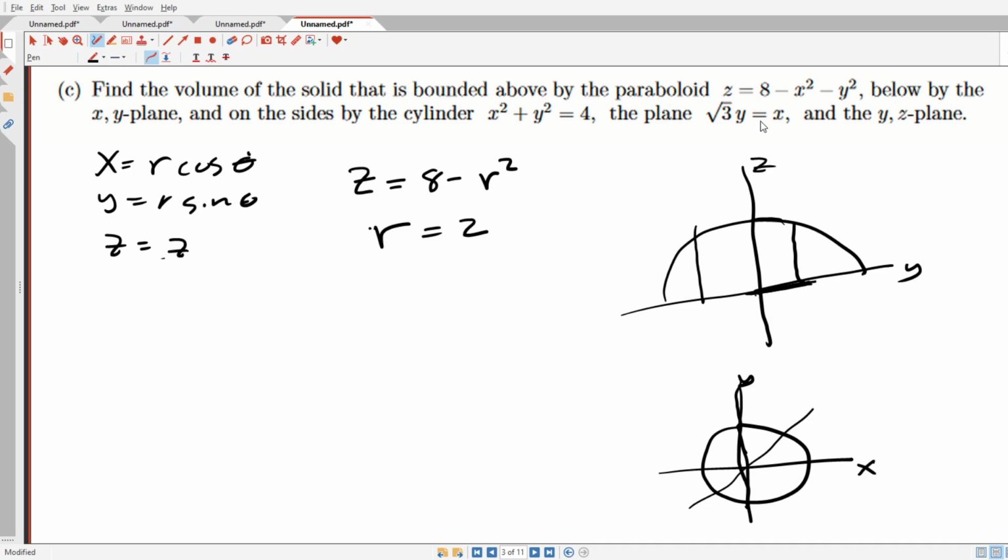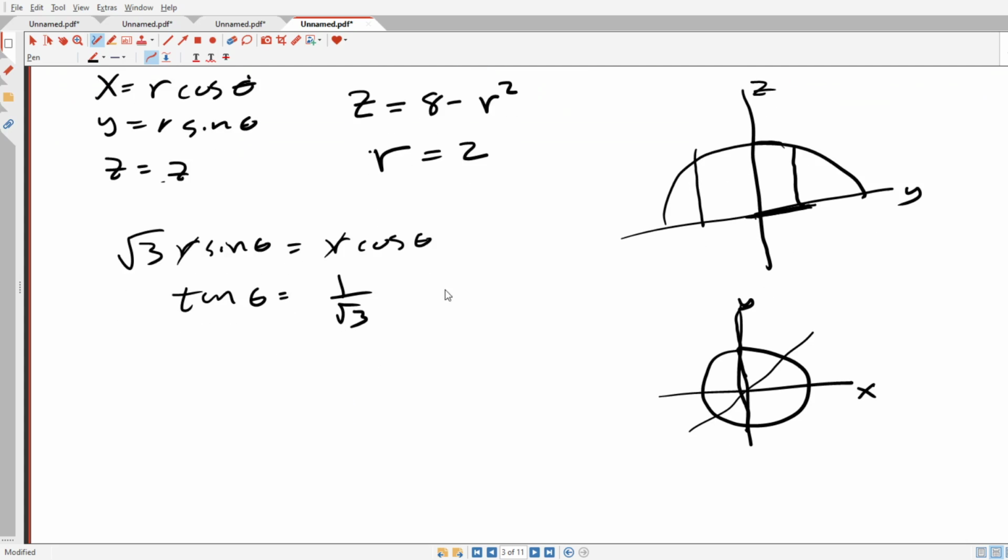And then we also have this other one. That's y equals root 3 x, so r sine theta equals root 3 r cosine theta. Cancel the r's, and I have tan theta equals 1 over root 3. I don't remember what angle that is, but I know that if I have 1, 2, root 3, it's pi over 6. Okay, chat says pi over 6.